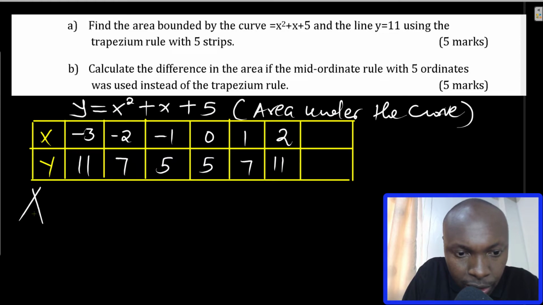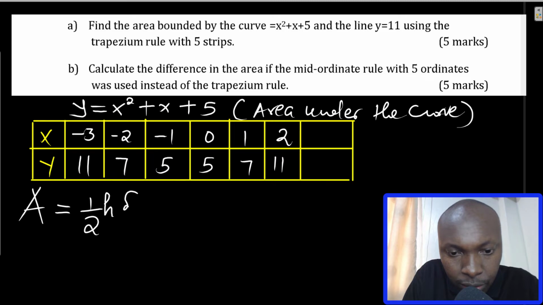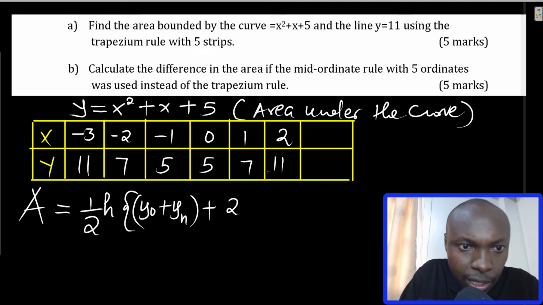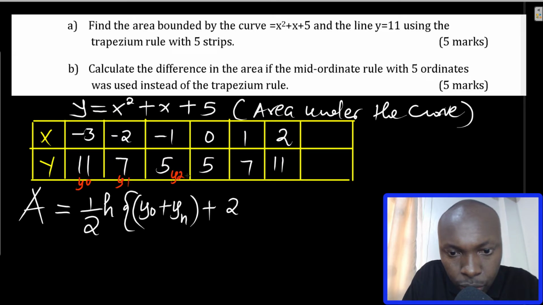The trapezium rule states this area is given by half height, then you have y0 plus yn plus 2. For the purposes of this question, let me just use y0. So y0 will be here, then y1 will be here, y2 will be there, y3, y4, y5.